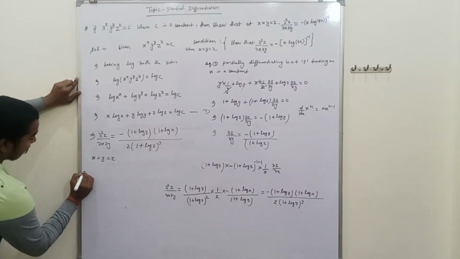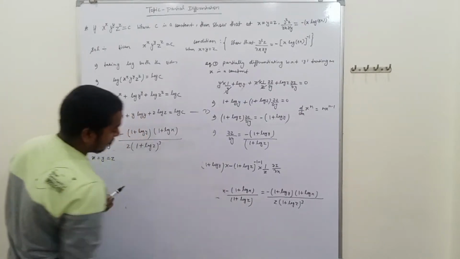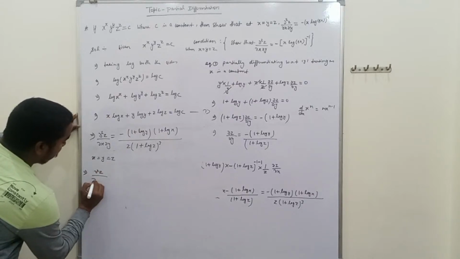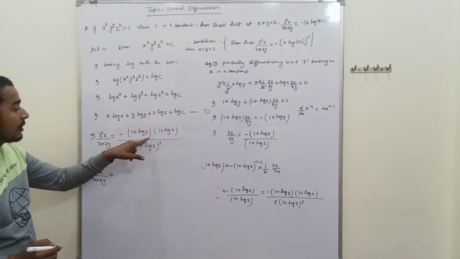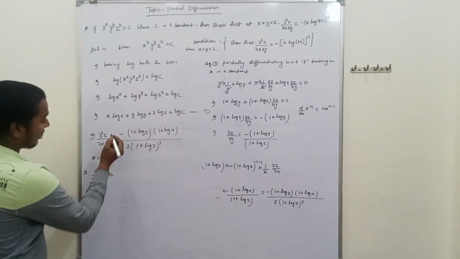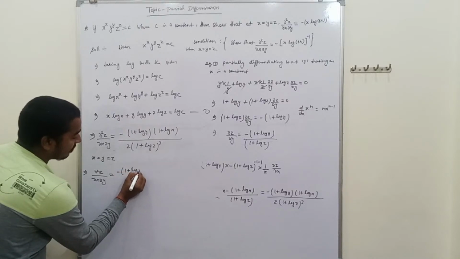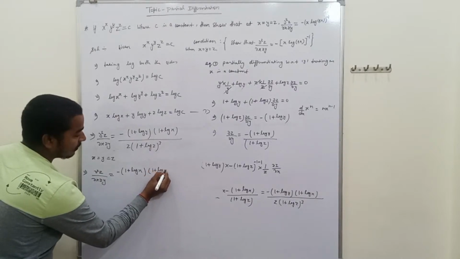That is, del 2z upon del x del y is equal to, in place of y we put x, minus of 1 plus log x and 1 plus log x.